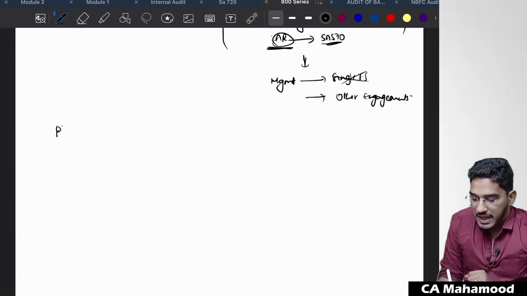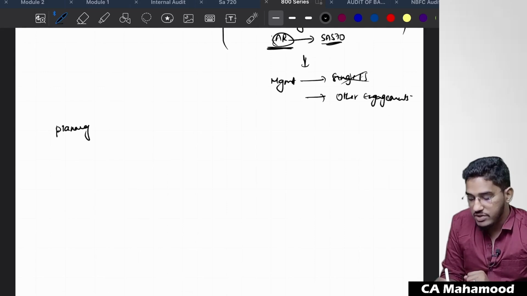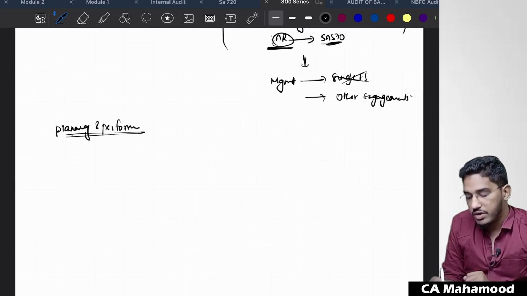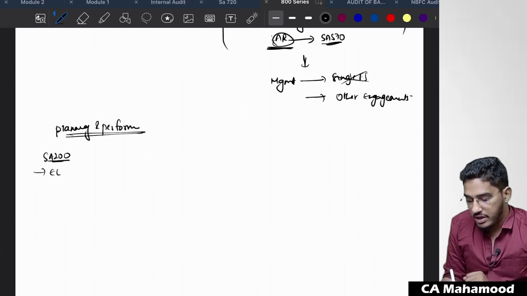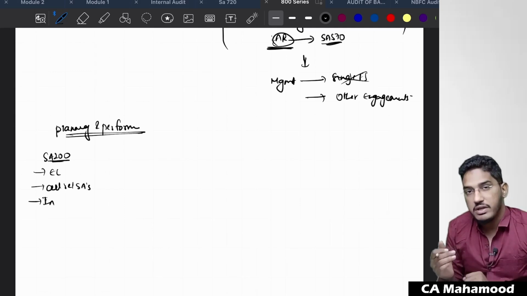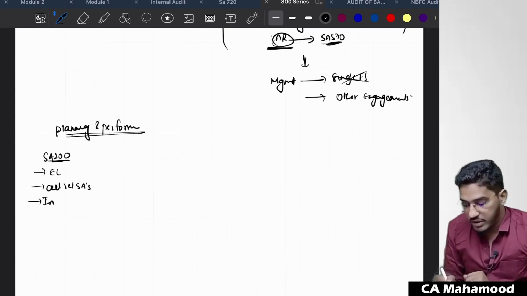Now, when actually planning and performing the audit, what should you do? Same as we have seen in the previous case, SA 200, we need to comply with all ethical requirements. We need to comply with all relevant standards. Wherever standards become applicable, all those standards' requirements you have to comply with. In exceptional circumstances, you can deviate from the requirements of the standards and perform alternative audit procedures.